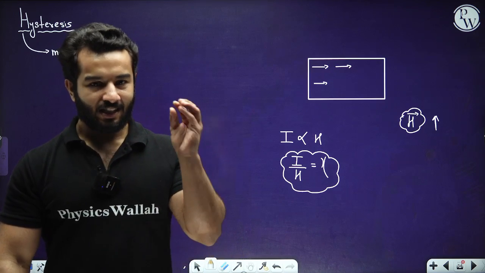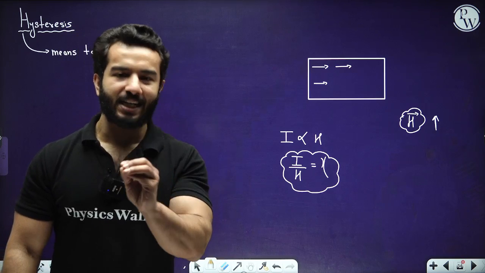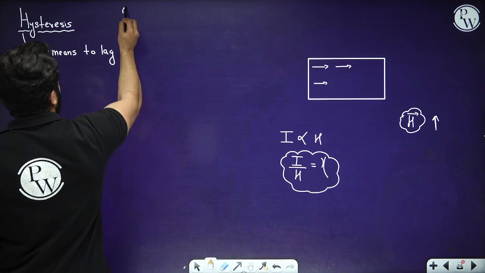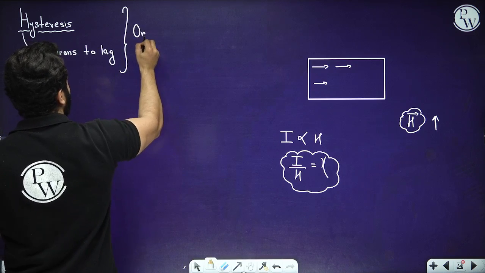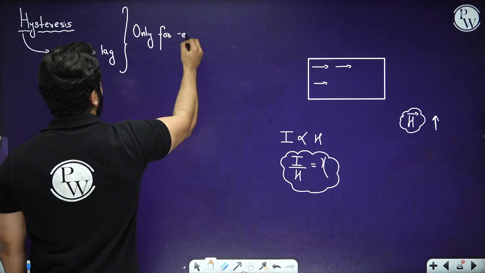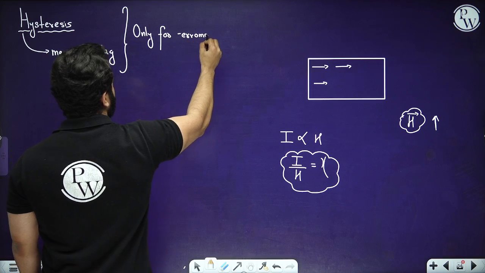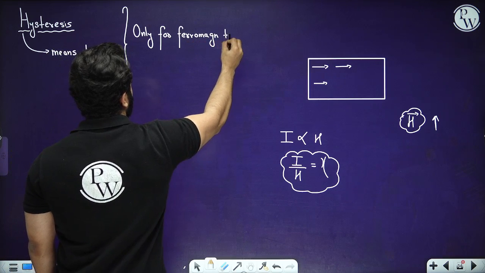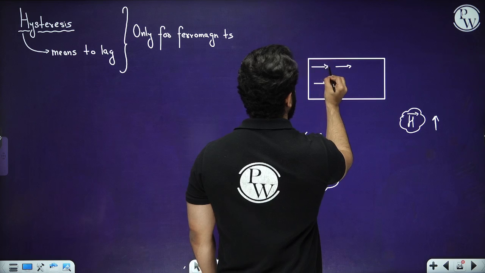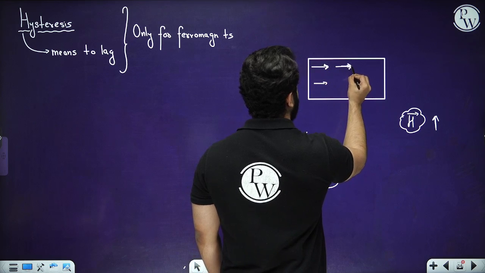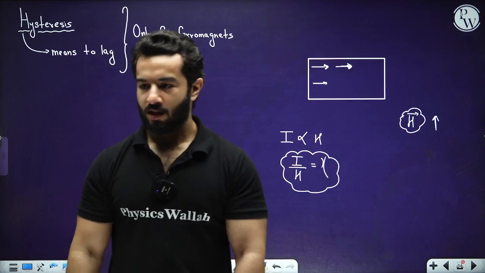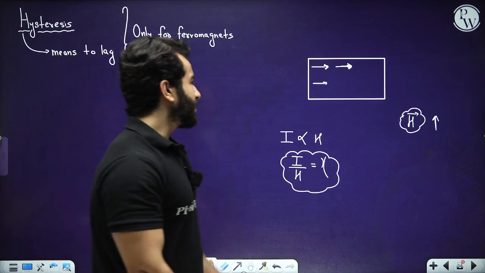Some of the magnetization is still in the material, and that is why hysteresis is talked about only for ferromagnetic materials. These are some of the magnetic moments which are still intact even after removing the magnetizing field. This is known as retentivity.